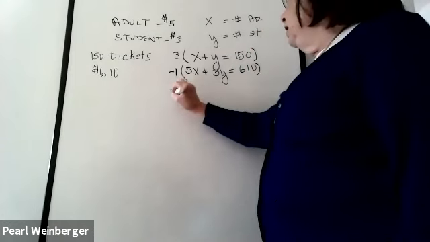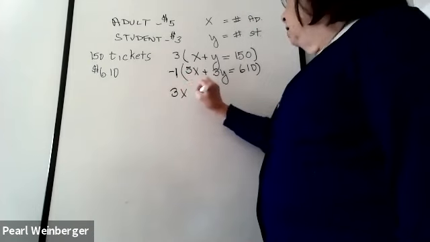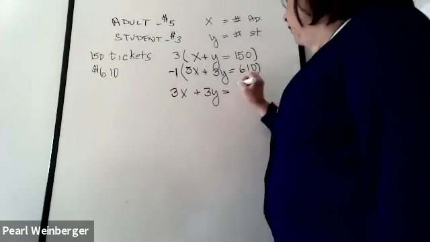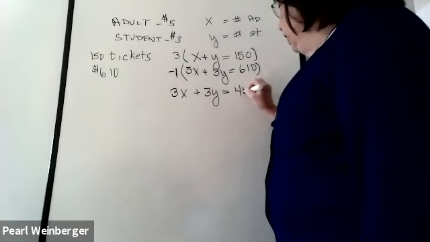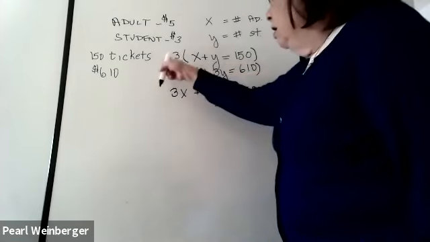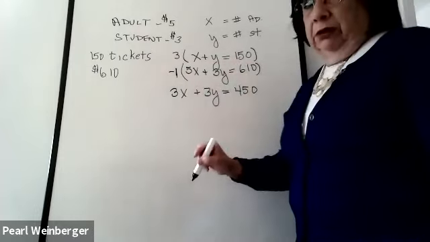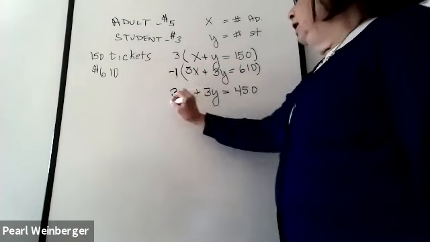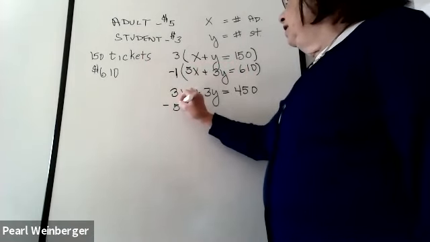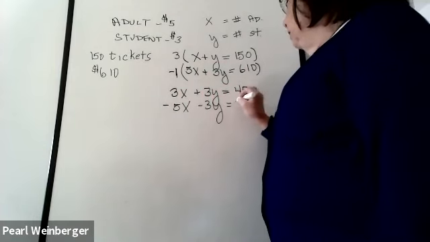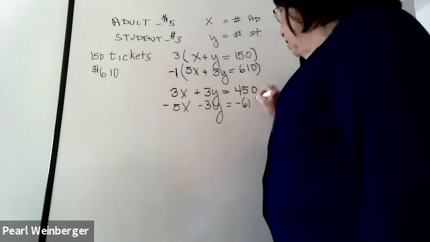So your top equation becomes 3x plus 3y equals 3 times 150, which is 450. Don't forget to multiply across. Use your distributive property all across. The bottom equation becomes negative 5x minus 3y equals negative 610.